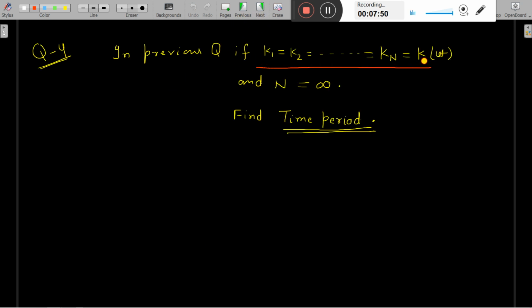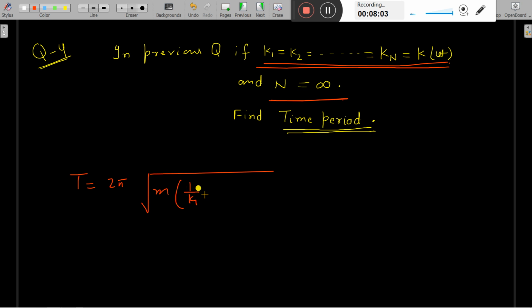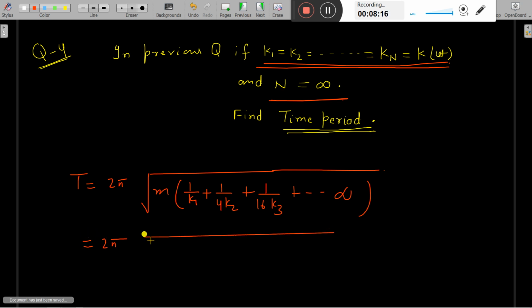In the same question, if all constants are k and the number of turns is infinite, the time period is 2 pi under root m, and k is what? 1 over k1, 1 over 4k2, 1 over 16k3, and so on to infinite terms. And k1, k2, k3 are all the same.